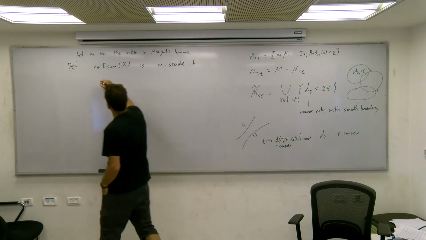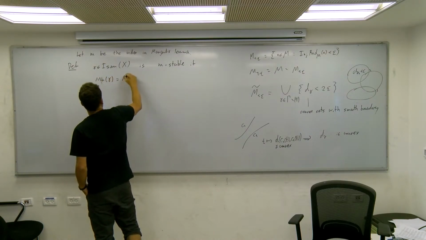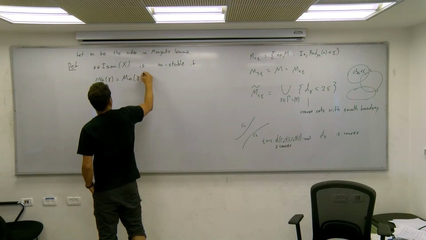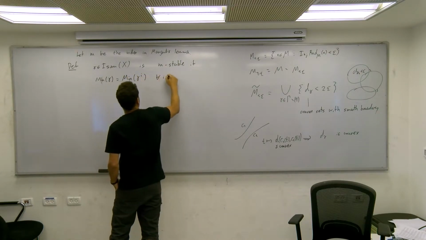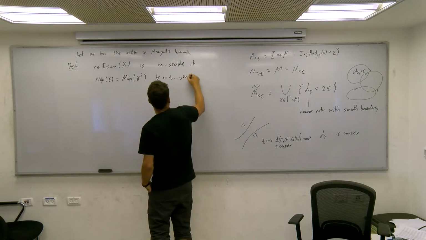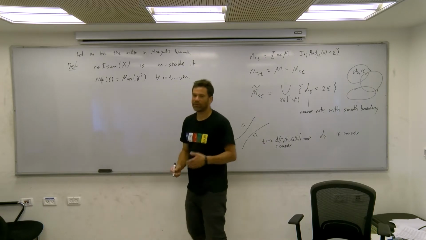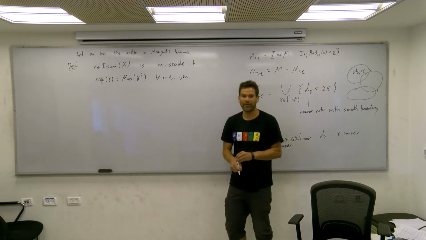If the minimal set, minimum gamma equals minimum gamma to the i for all i from 1 to n. So what is the minimal set? By definition, this is a set where the displacement attains the minimum.